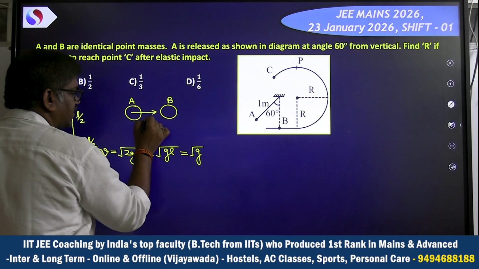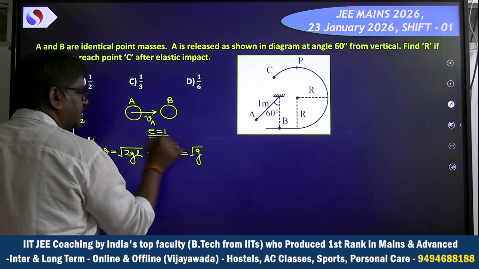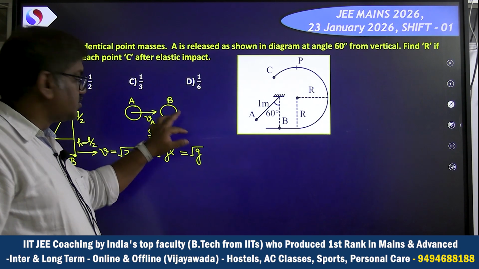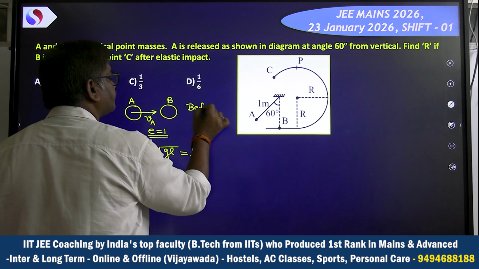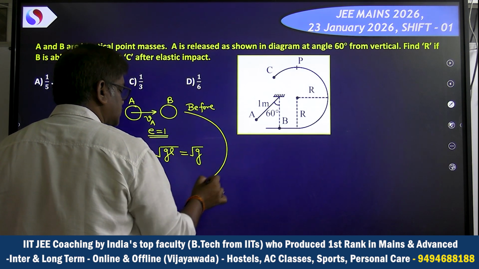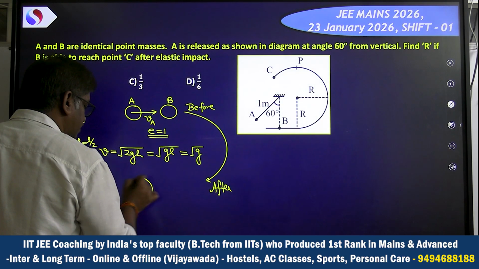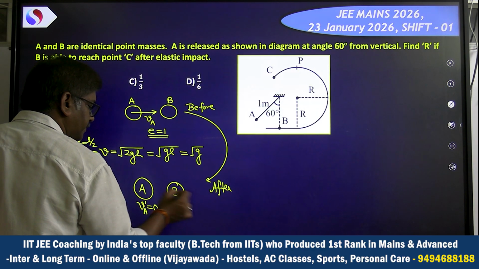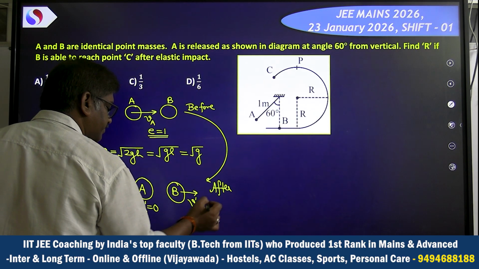This is striking with the velocity VA, and elastically they are striking. Now you know that in an elastic collision, if both bodies are identical, the velocities interchange. So this is the situation before the collision. And now what will the situation be after the collision? A comes to rest after the collision while B starts moving with the velocity root G.